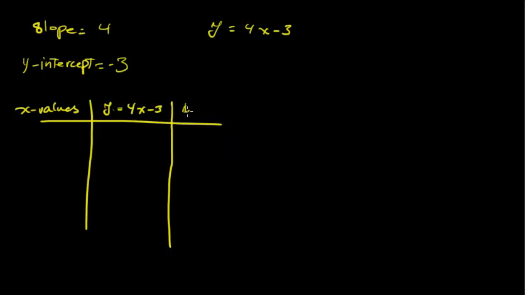So this is going to be our ordered pairs. Let's pick -2 as x.